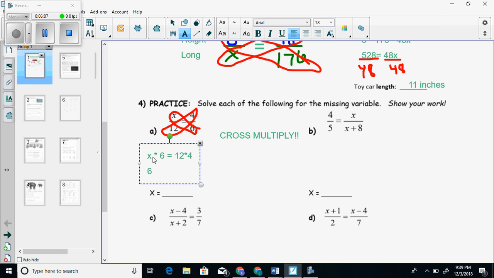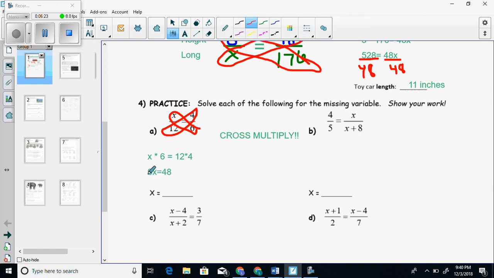Okay, so you have 6x equals 12 times 4, and obviously there you're going to want to multiply it, so 48. And then my last step is obviously divide both sides by 6. So the biggest thing in these problems is really just setting them up. Cross multiplying, this should be pretty easy for you. You should get x equals 8.